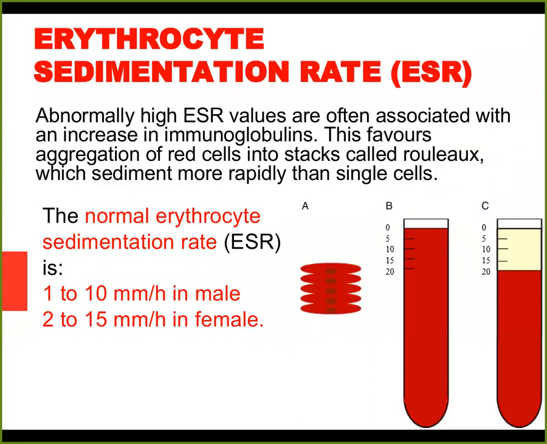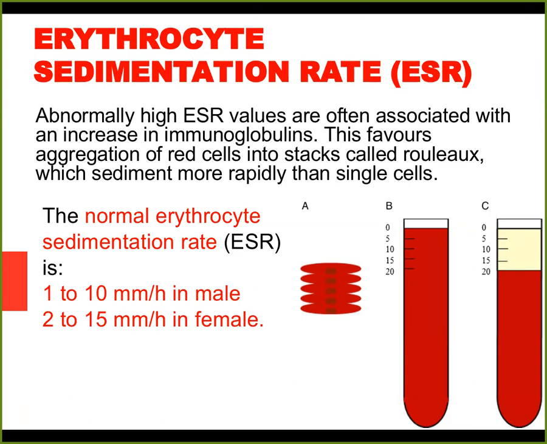Okay, the next parameter which we measure to detect functions of red blood cells is sedimentation rate. You know that without circulation, when blood circulation is stopped, red blood cells fall down due to gravity, and this process is named sedimentation.